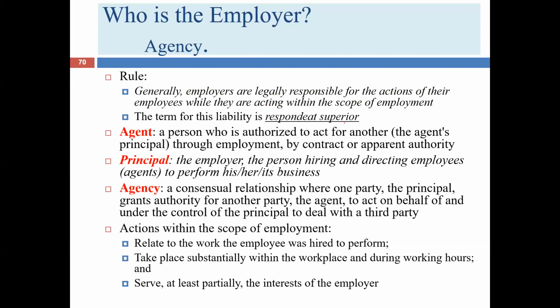We call that doctrine respondeat superior, which is a subcategory under the larger category of vicarious liability. We have the term agent, which in this case is just another word for employee. The definition of agent is a person who is authorized to act for another, in this case the principal or the employer, through employment by contract or apparent authority.